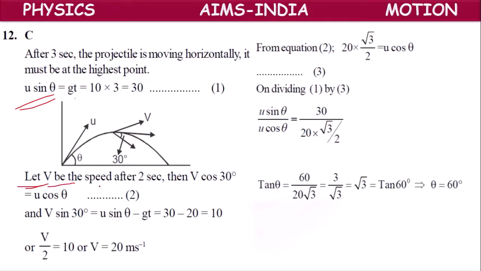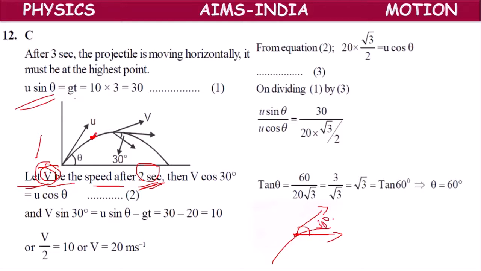So let v be the speed after 2 seconds. Suppose the body is at this place after 2 seconds. They have given that the angle of inclination with the horizontal after 2 seconds is 30 degrees.